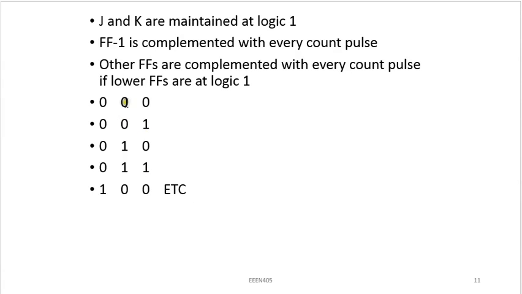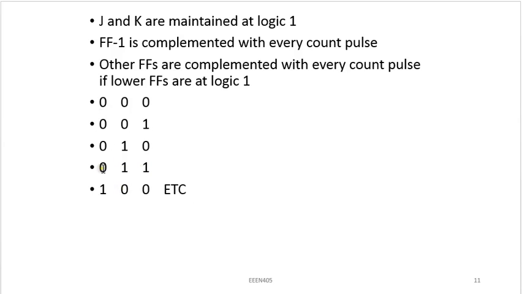But if you look at the second one, it can toggle only when the lower one is equal to 1. For instance, when this one is equal to 0, this one does not change. But when this one is equal to 1, this one immediately changes to 1. But when it is equal to 0, it remains 1, it didn't change. Then when it is equal to 1, it toggles, it changes to 0, it continues like this.